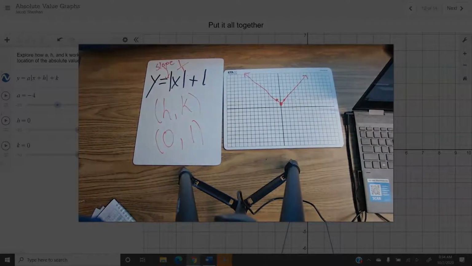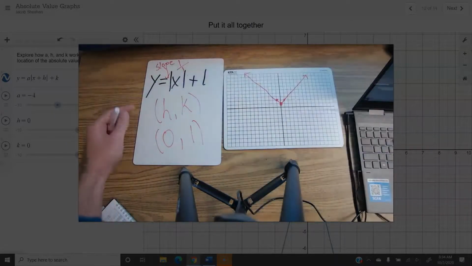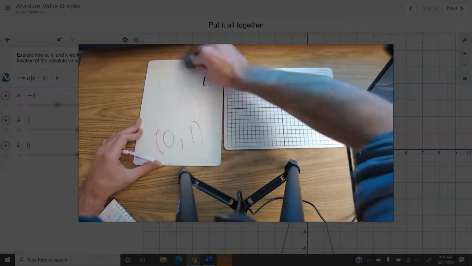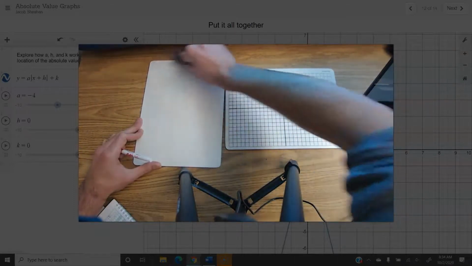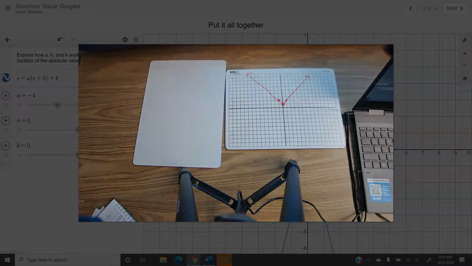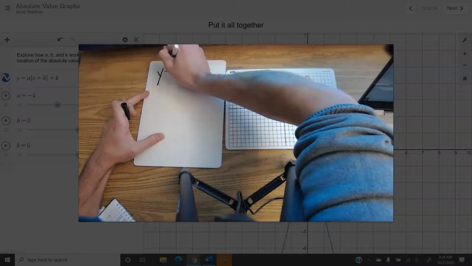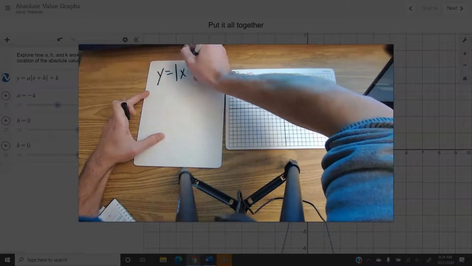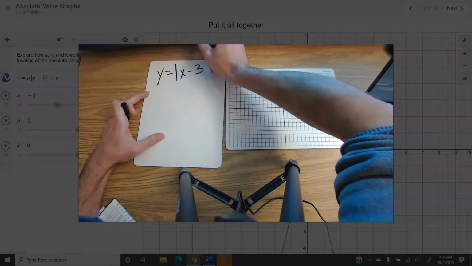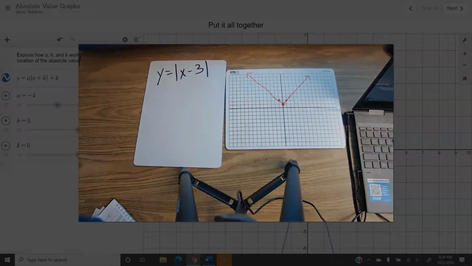Now, let's say we have one where we have a number inside the absolute value bars. Let's look at 2 of these, actually.